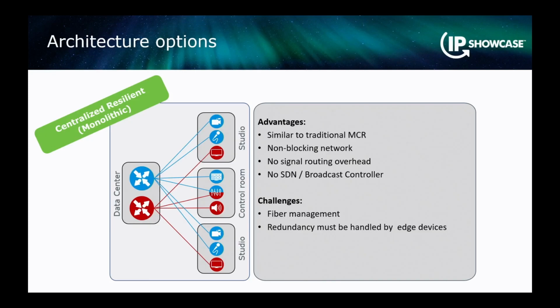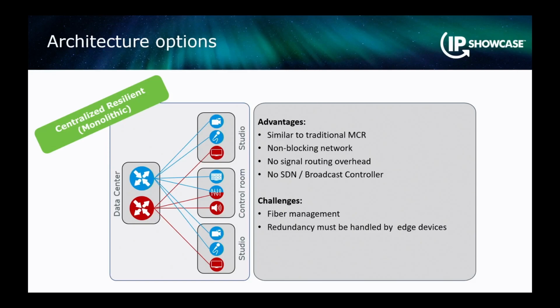I would claim, as a network engineer, that's not really a network. It is an IP device, yes. But a network only occurs when you start having multiple devices put together. So this is not really a network. The advantages of this is, of course, it looks very much like the topology we're coming from, if you compare to SDI.